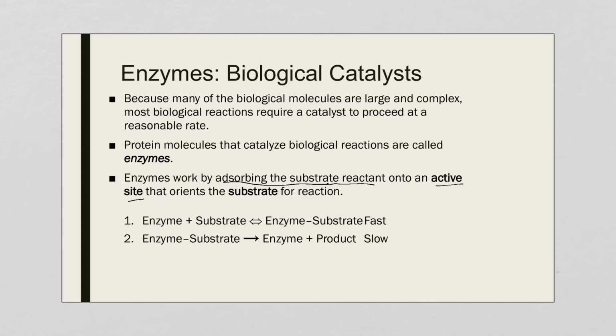And then when the other molecule comes in, or perhaps it's just the single molecule, but it has to break down that molecule, it can happen at a faster pace.